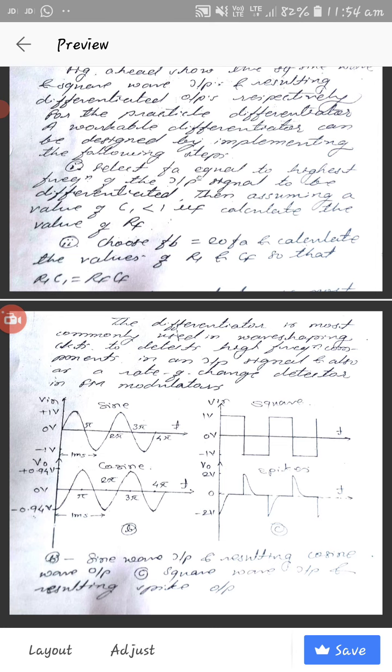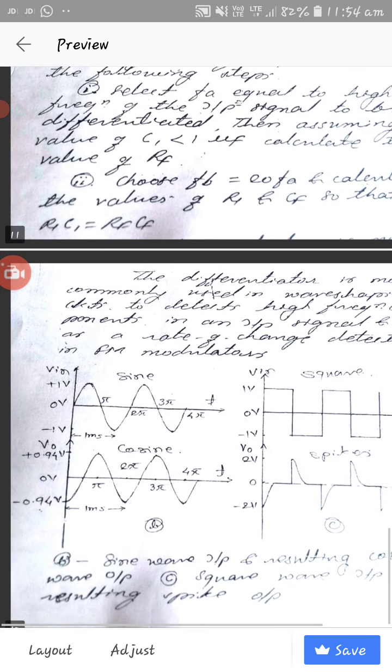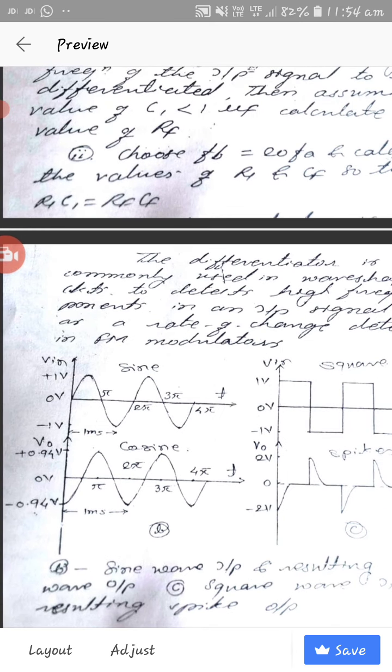In the practical differentiator, in figure B the sine wave input, 0 volt, plus 1 volt to minus 1 volt in 1 millisecond, is applied to the inverting terminal of the operational amplifier. The output gives a cosine wave, which is 180 degrees out of phase. That means when the input is positive, the output is negative.